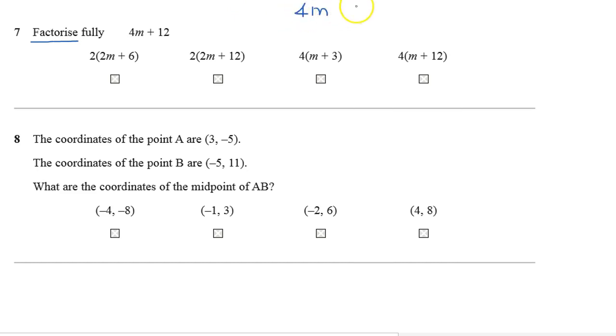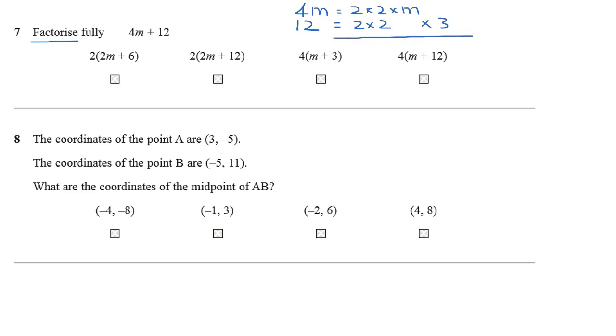So this is 4m. 4m can be written as 2 multiply 2 multiply m, and 12 can be written as 2 multiply 2, which is 4, times 3 is 12. Now let's see what is common in both.